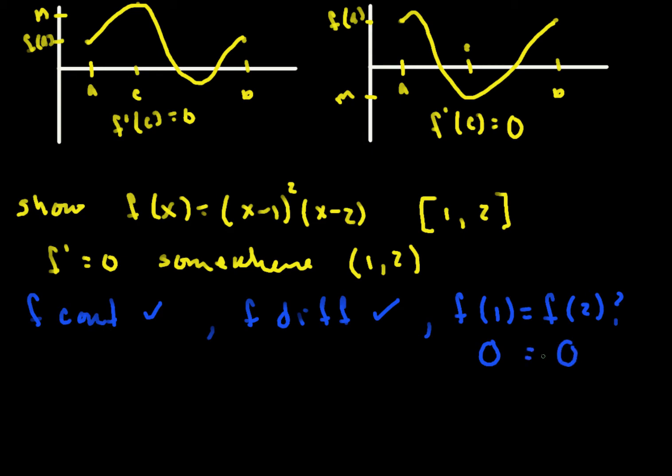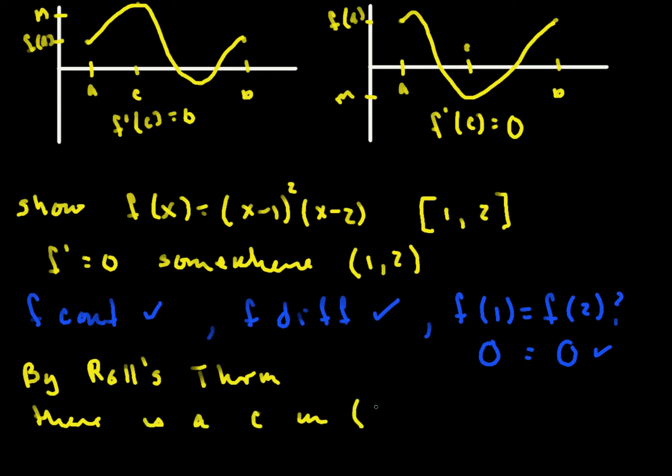So yes, they're equal. So by Rolle's theorem, we have some spot C, there is a C in the interval (1, 2), so that f prime of C is 0.